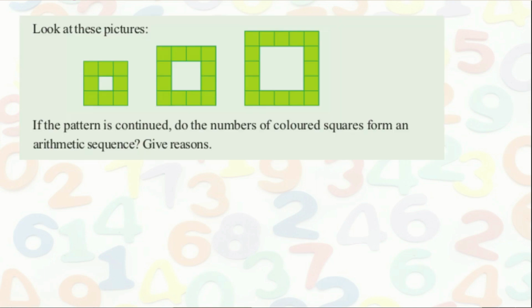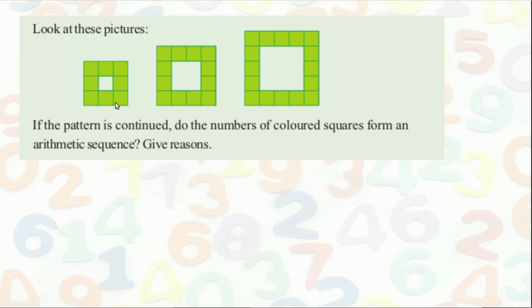Now we can consider some problems given in your textbook. First one. Look at these pictures. If the pattern is continued, do the number of colored squares form an arithmetic sequence? Give reasons. So in the first figure, you have a big square made using small green squares.